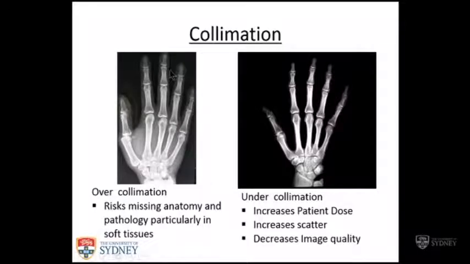That is over-collimation. You've over-adjusted, over-minimised. Under-collimation is you haven't done it enough. You haven't collimated enough. Collimation is the act of setting the size of your radiation field. So over-collimation is you've been too enthusiastic, under-collimation not enthusiastic enough. And under-collimation, of course, increases dose, scatter, and decreases quality.